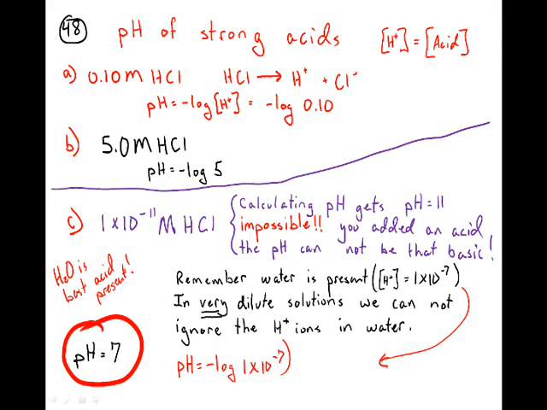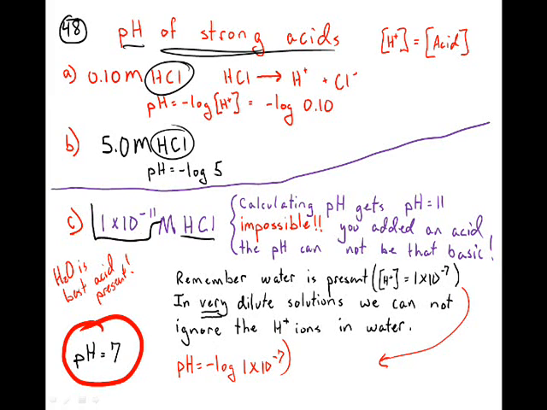So in 48, A and B, we're looking at calculating the pH of strong acids, hydrochloric acid in both of those cases. But in C, we're still doing hydrochloric acid, but they've changed something. Look how incredibly diluted this solution is. That's like the tiniest drop of hydrochloric acid in a huge vat of water.